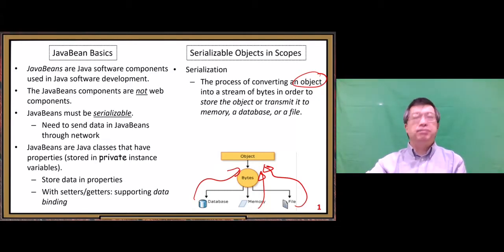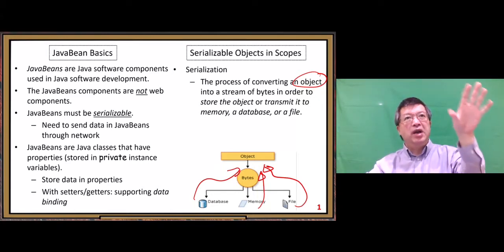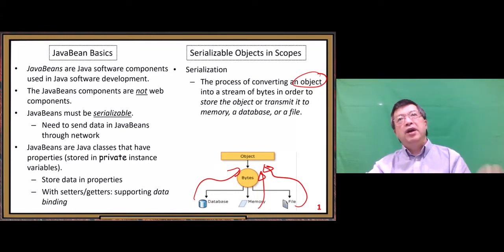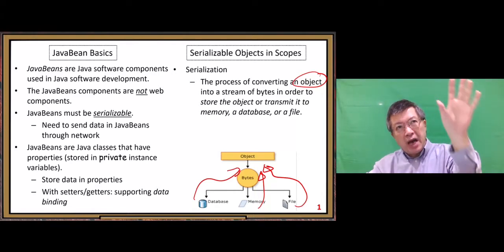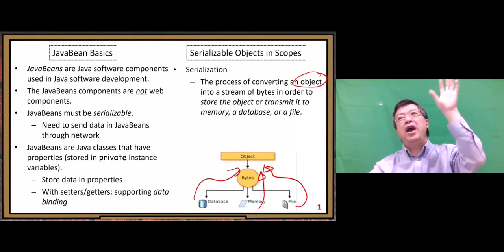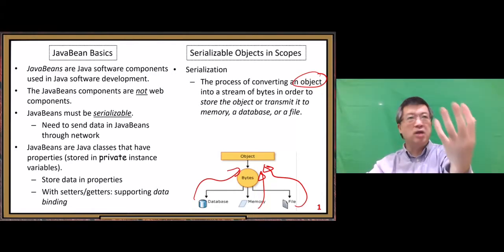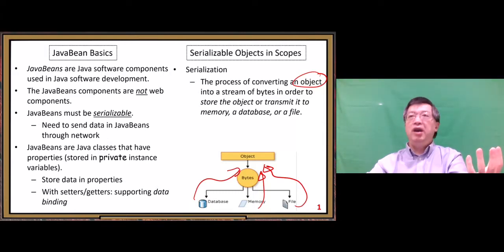How do you make that happen? How do you guarantee that? Serialization. If the object can be serialized, then it can be recovered completely. If the object cannot be serialized, then you may not be able to recover the original object.